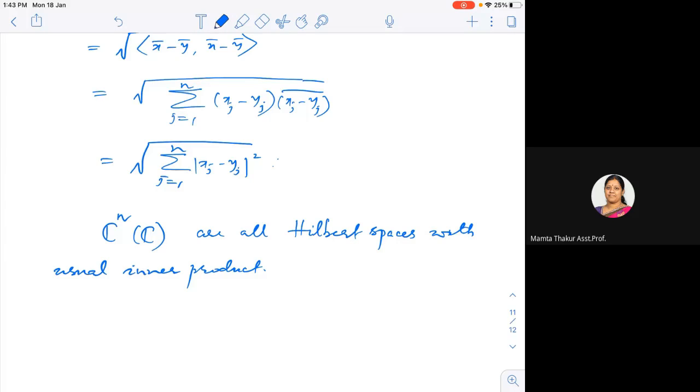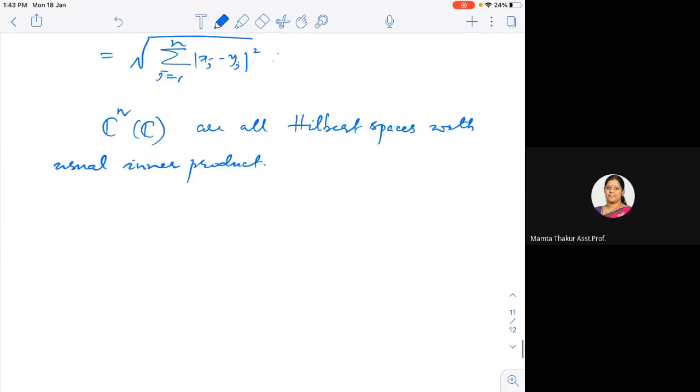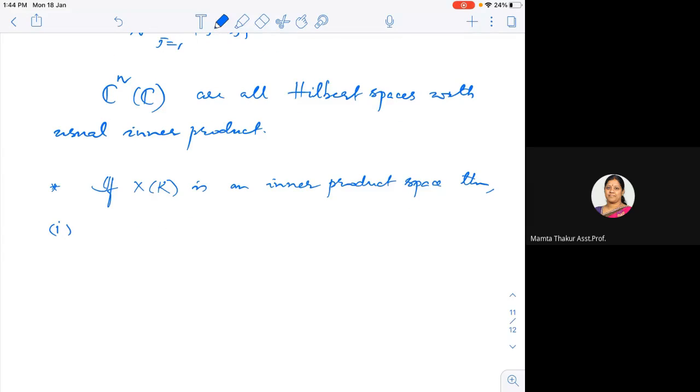These Hilbert spaces are going to enjoy certain properties. I would like to make a mention here. Some properties you can just quote. If X over K is an inner product space or Hilbert space, then we have several properties. Number one, from the definition itself, inner product is linear in the first coordinate.